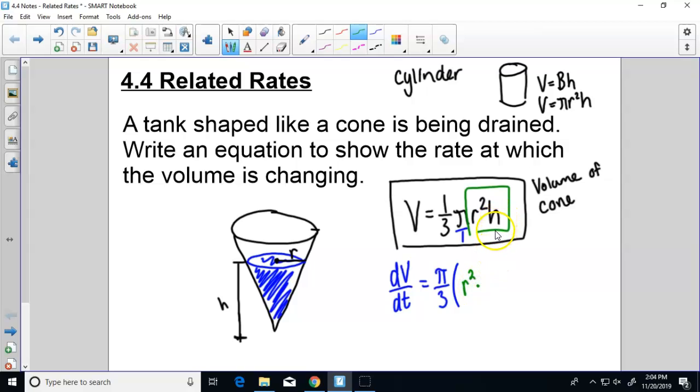Well, the derivative of h is just 1, except I've got to put dh dt with it. And then I would have plus h times the derivative of r squared, which is 2r. But I took the derivative of an r, which is not a t, so I have to put dr dt with it.